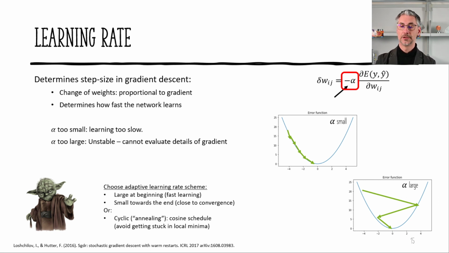If this learning rate is very large, training becomes unstable, so we cannot evaluate the properties of the gradient properly. A good best practice is to use an adaptive learning rate scheme. We want to have a large learning rate at the beginning when learning is fast, and we want to have a small one towards the end. Or we can also use a cyclic one, and a number of people have made good experiences with this.